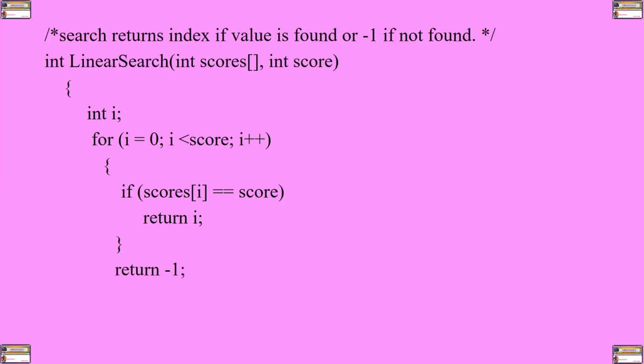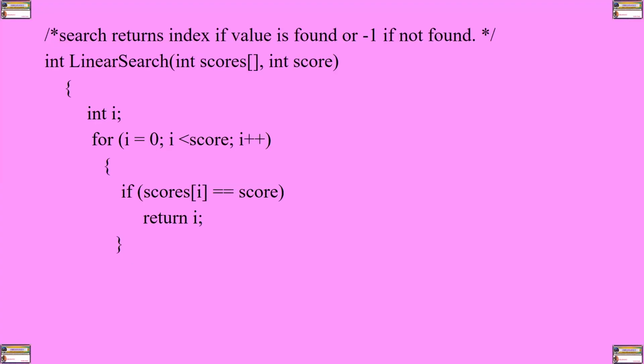And therefore, before the function ends, it will return -1 to the main function. Because the function must return a figure, what it will return is -1.